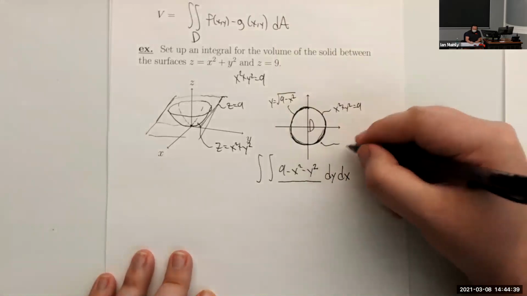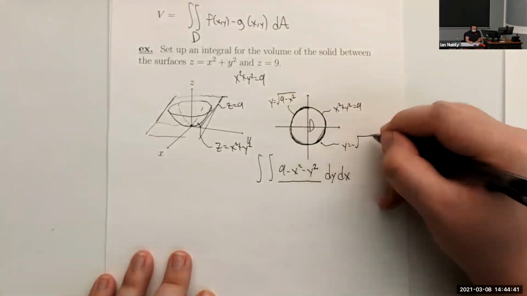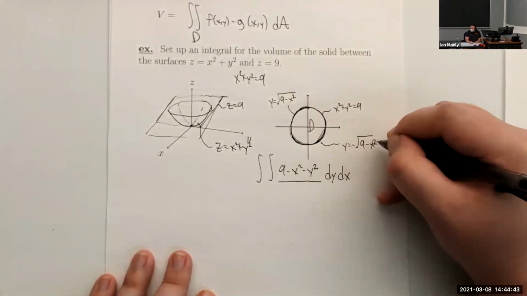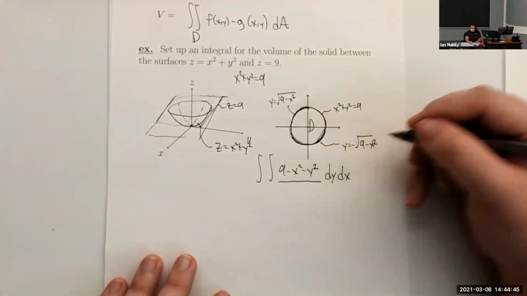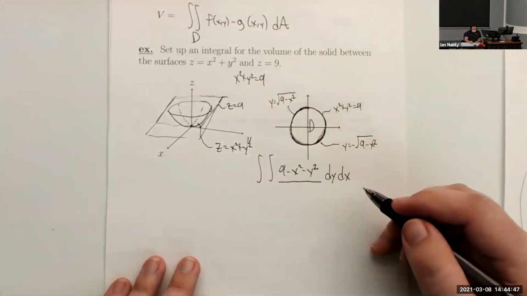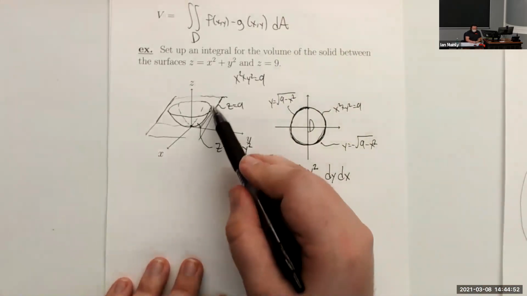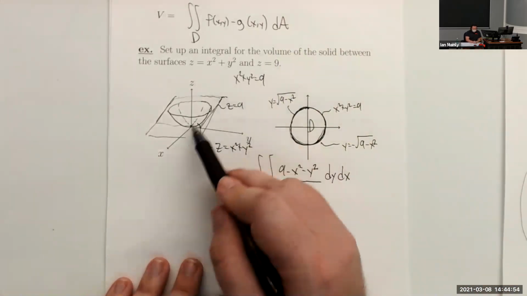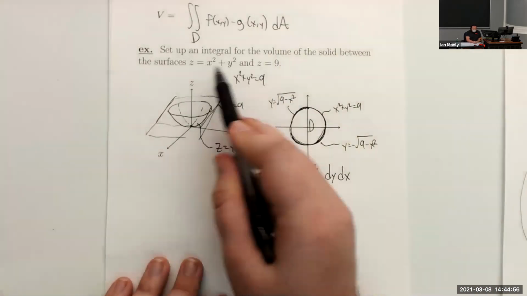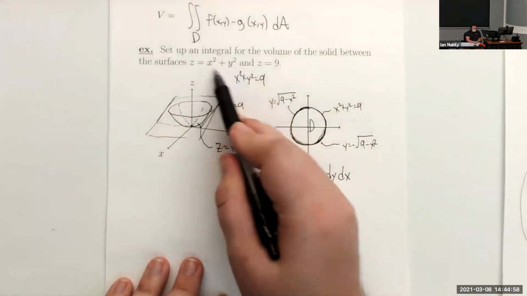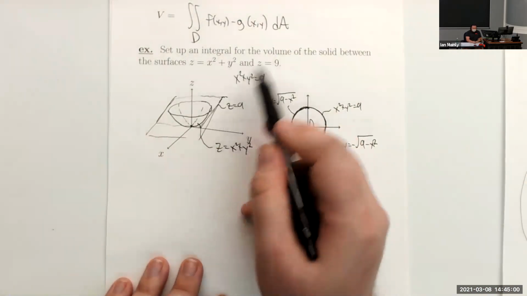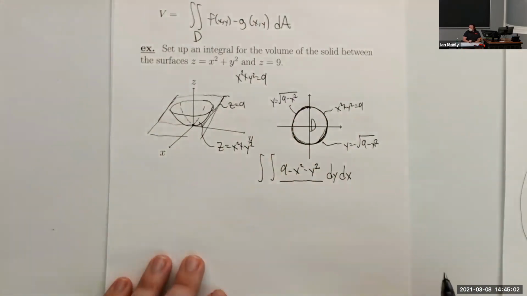And the lower half circle will be y is negative the square root of 9 minus x squared right here. All right. Why is it that way? It's because z equals 9 is higher up than z equals x squared plus y squared. This can have much lower z values than 9. So z equals 9 is going to be our upper bound here.